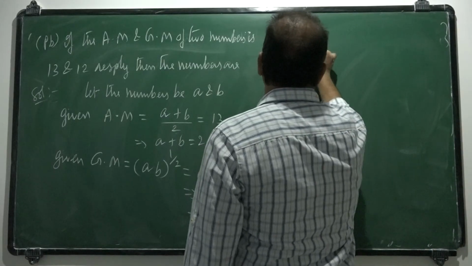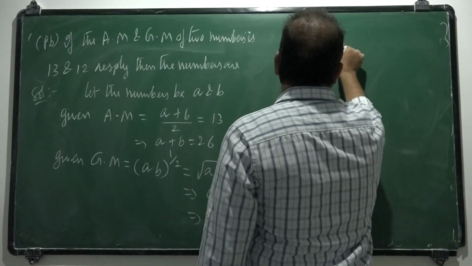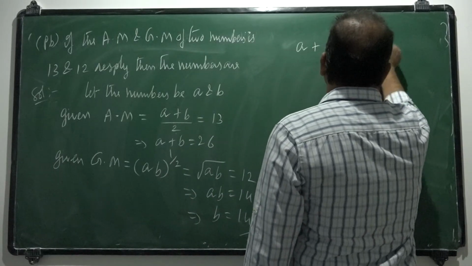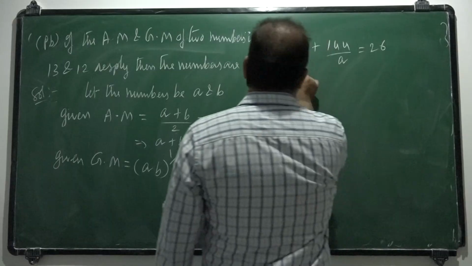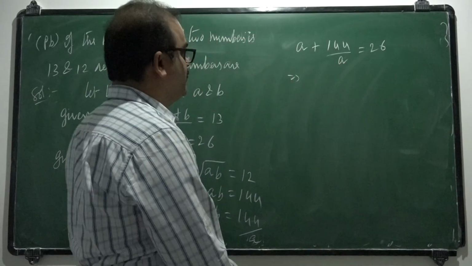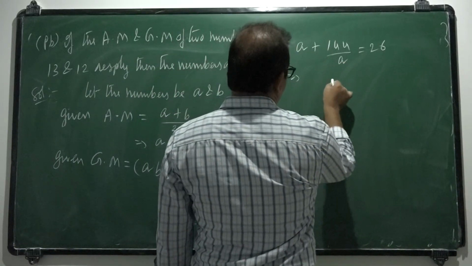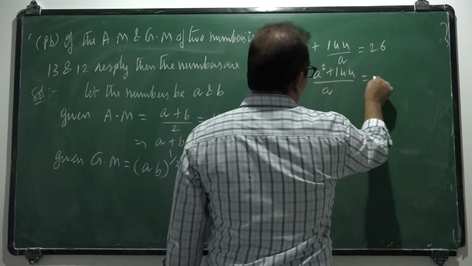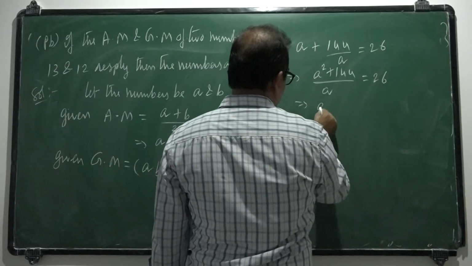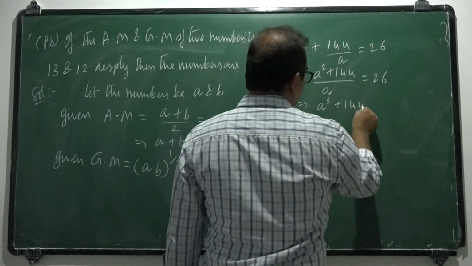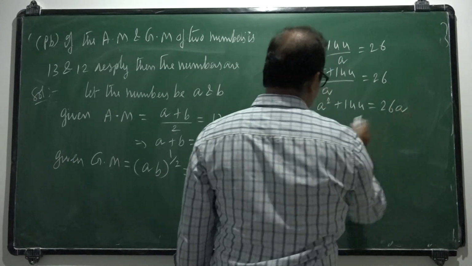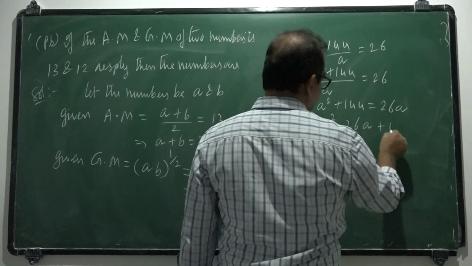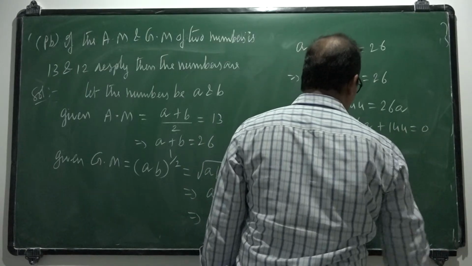A plus B, B is 144 by A, is equal to 26. Simplify and find A value. What is the LCM here? A square plus 144 is equal to 26a. A square minus 26a plus 144 is equal to 0.